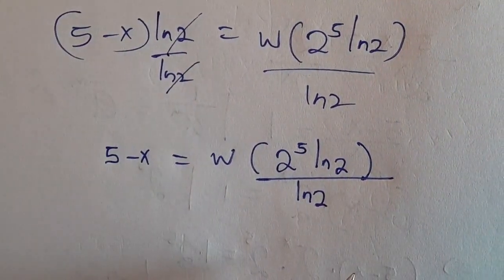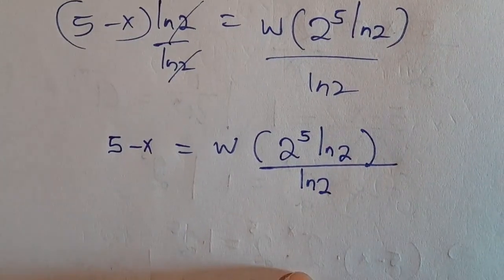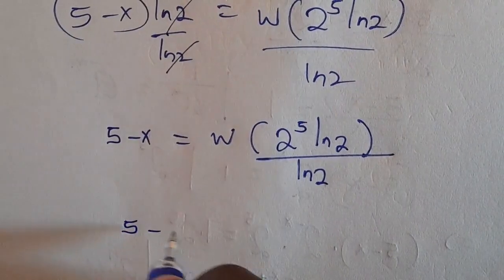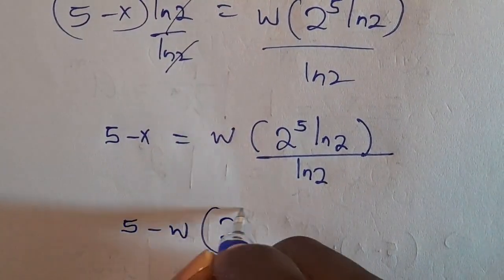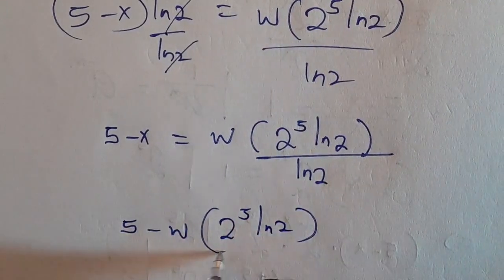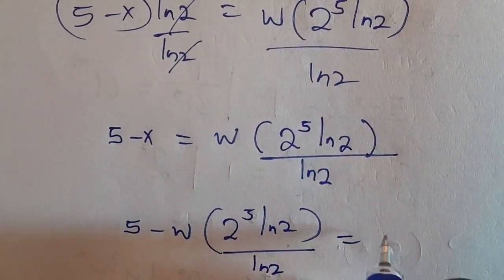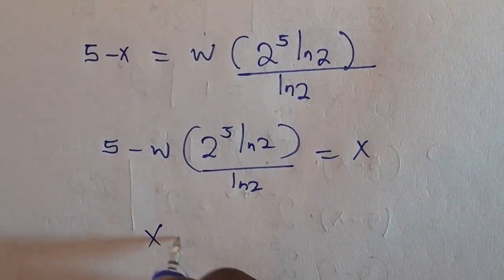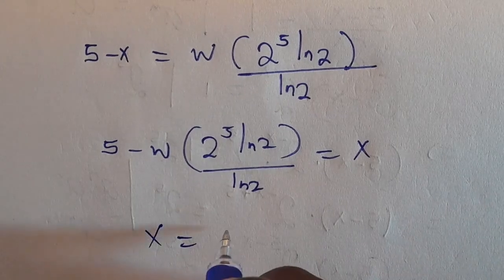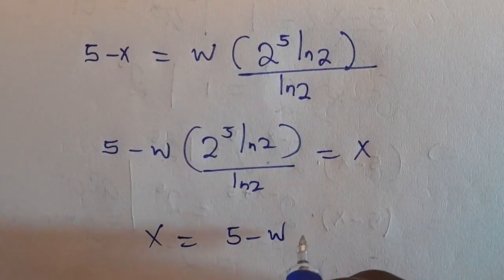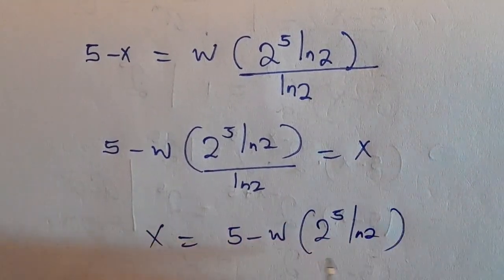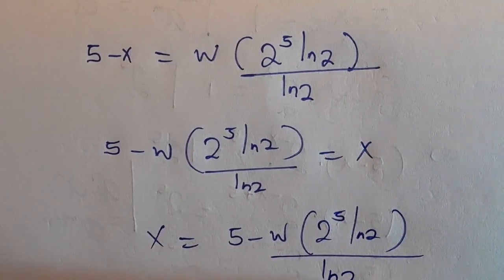So to get the value of x, we have 5 minus the Lambert W function of 2 to the power of 5 ln2 divided by ln2 equals x. And by interchanging, we have our x equals 5 minus the Lambert W function of 2 to the power of 5 ln2 divided by ln2.